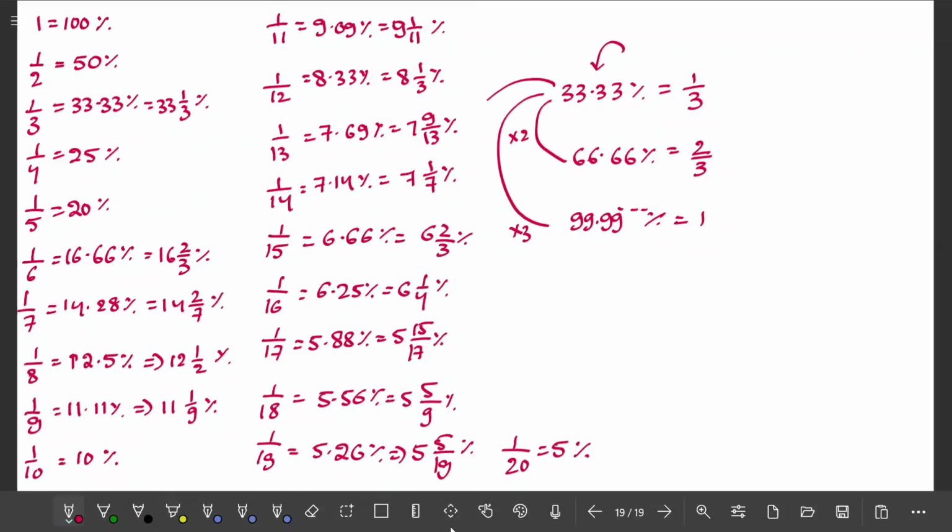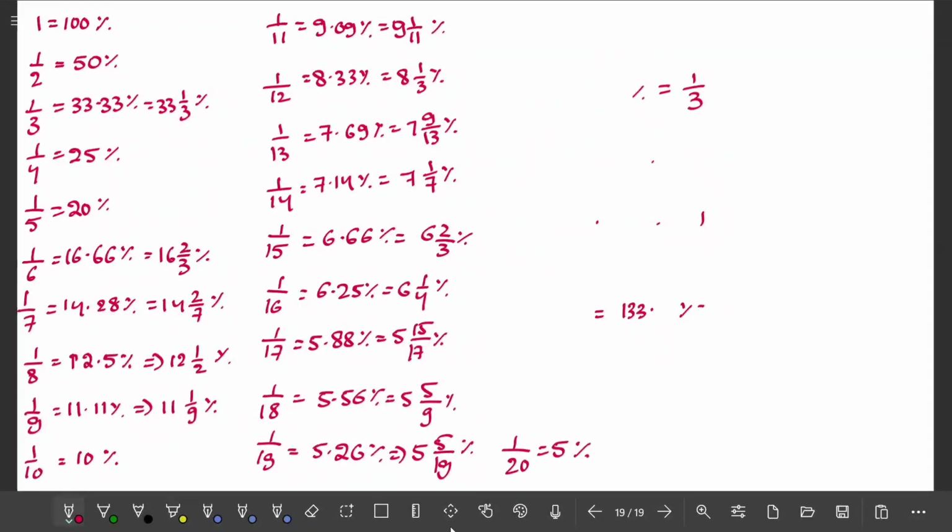And if I multiply the same 33.33% with, let us say, 4, what does it become? 133.33%, and it is now 4 by 3. If you ever see 133.33% in exam, in such cases you should replace that percent value with 4 by 3, and the problem becomes easy. Clear?